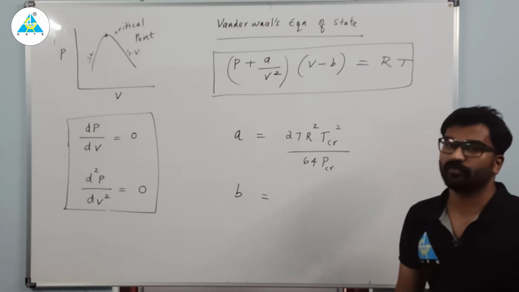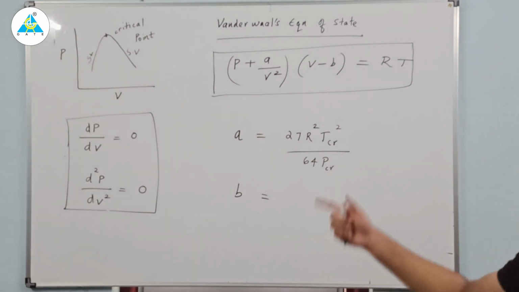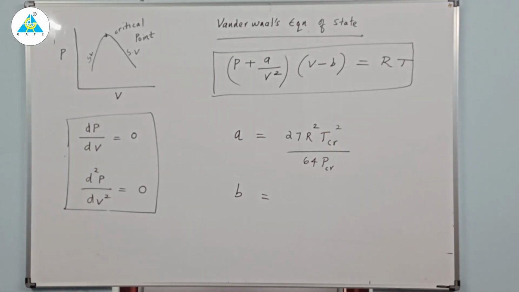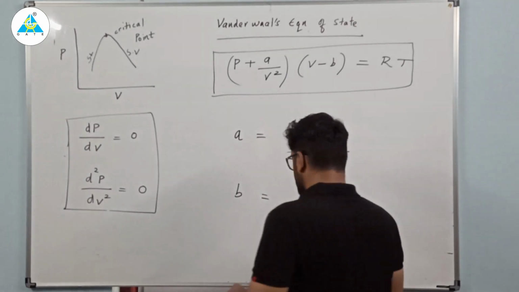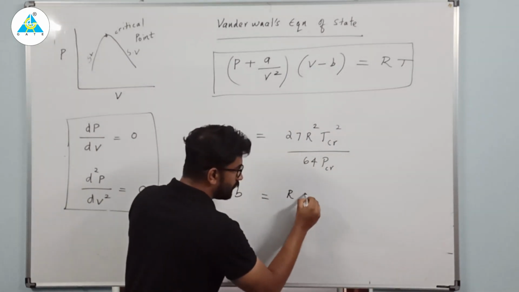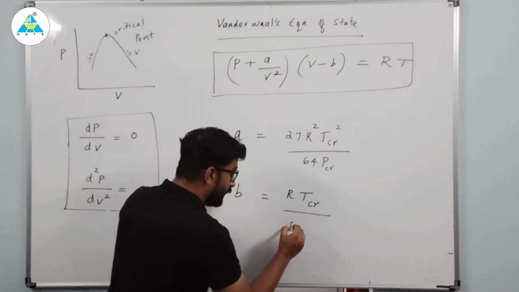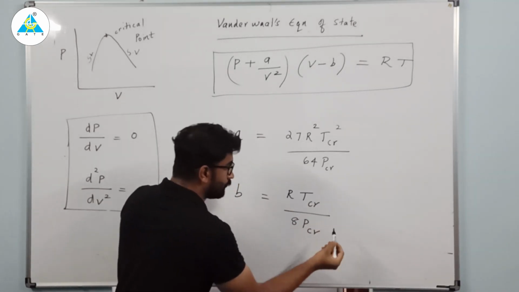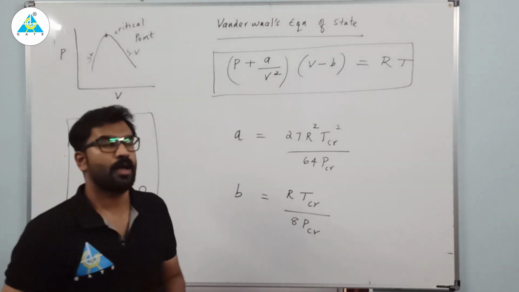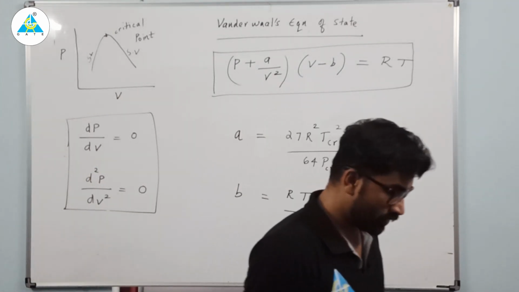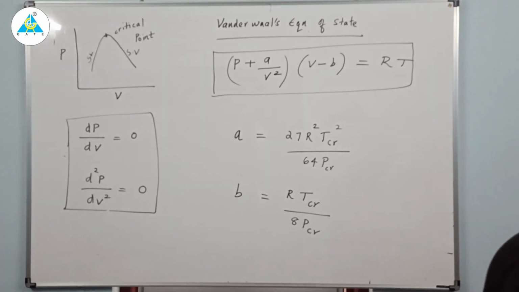So this is the equation for A. This you will get once you do the substitution. The value of B is R into critical temperature divided by 8 into critical pressure. So you can write this.